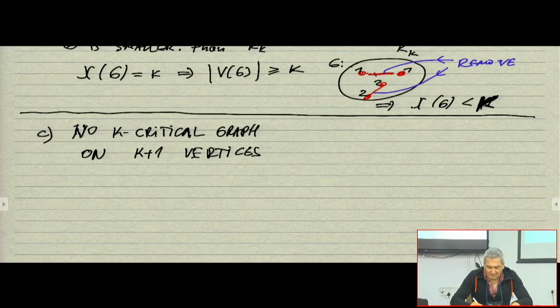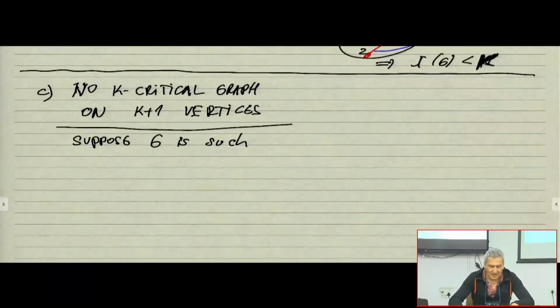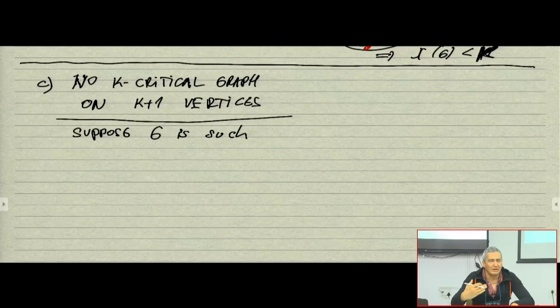So suppose they exist. Suppose G is such a graph. G is a K critical graph on K plus 1 vertices.